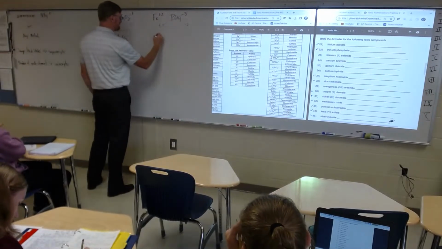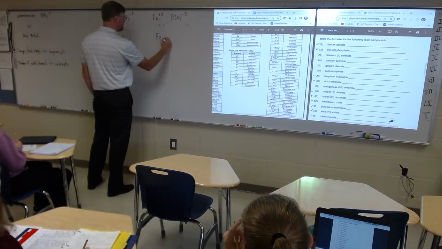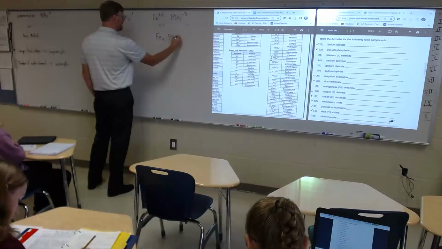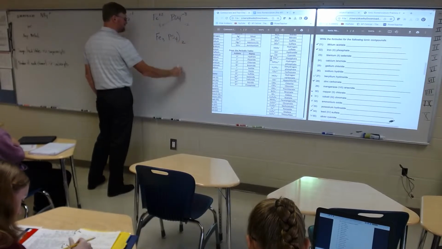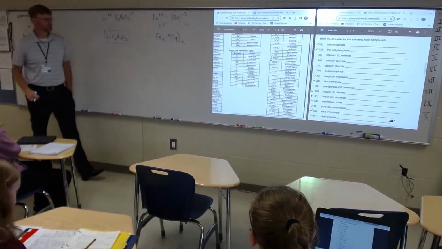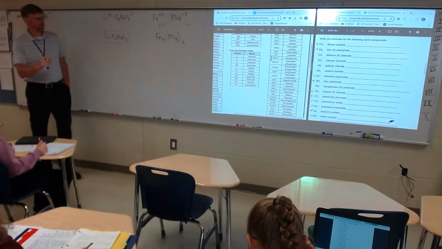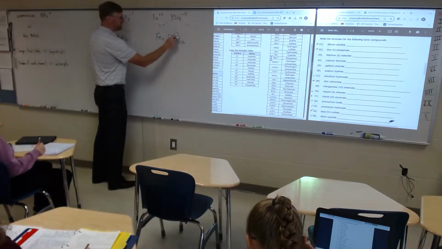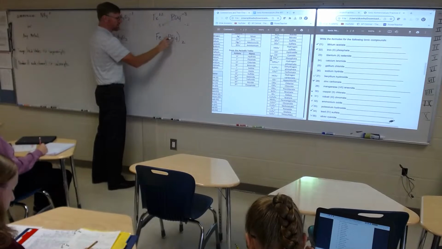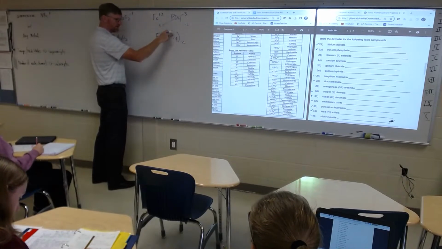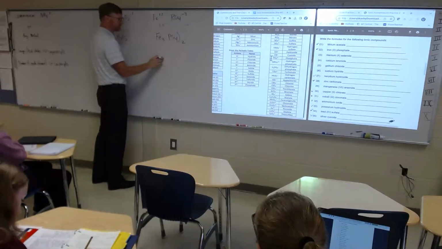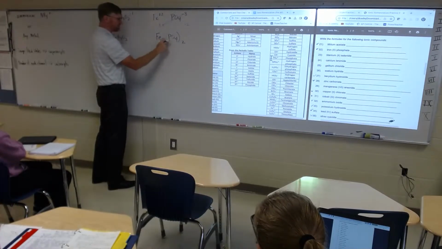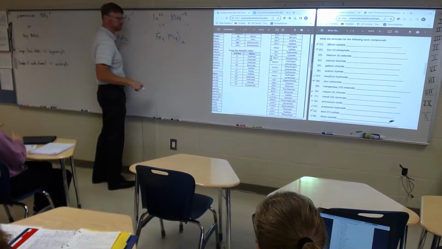So here's how we write that: Fe3, the phosphate has to go in parentheses, 2 goes right there, because it means there are 2 phosphates. This whole thing is phosphate, so there are 2 of them, and 3 irons.